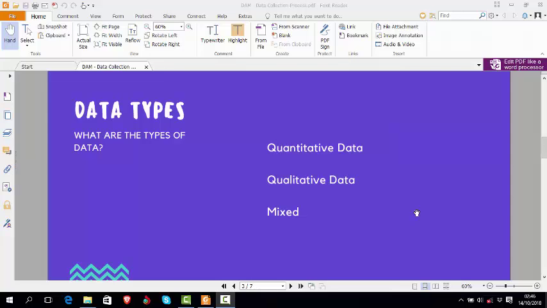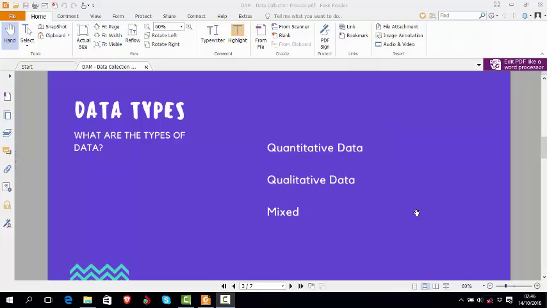By mixed, I mean the combination of quantitative data and qualitative data. I'll pick each of these one after the other, and I'll give a backstory or story for you. Quantitative data is, just as the name implies, basically numbers.